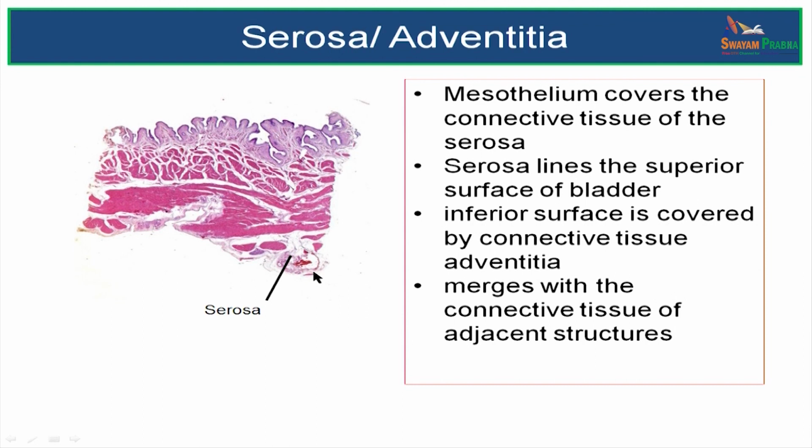So, in the superior surface of the bladder you have serosa. If the section has passed through the superior surface of the bladder, you can see the serosa, but in the inferior surface you have only connective tissue, there is no mesothelium, which is simple squamous epithelium. So, in the inferior surface the connective tissue adventitia will blend with the connective tissue of adjacent structures.